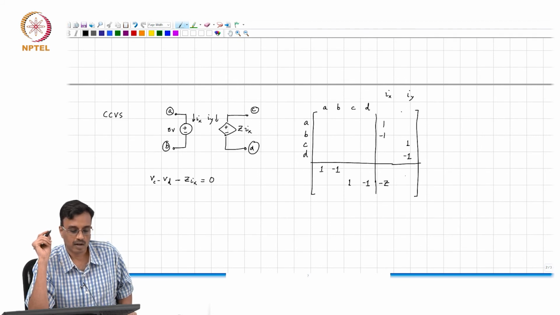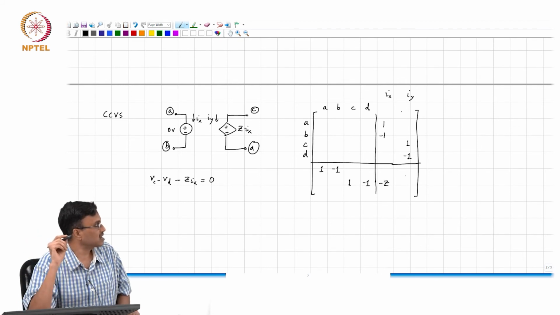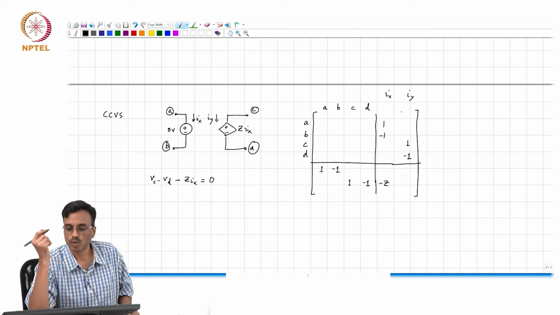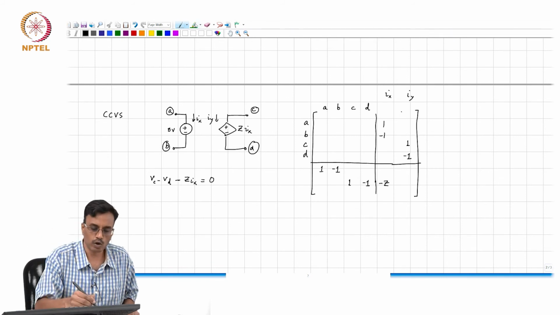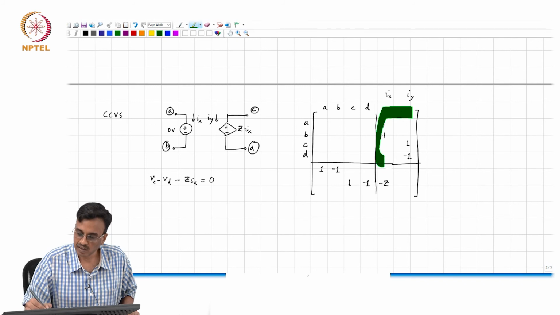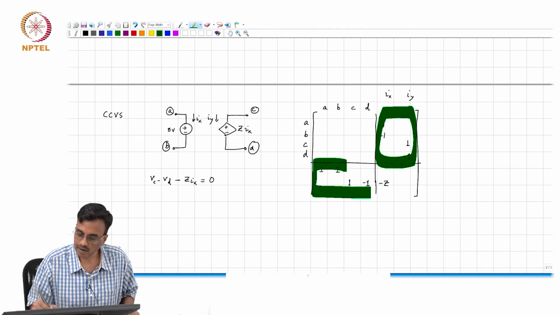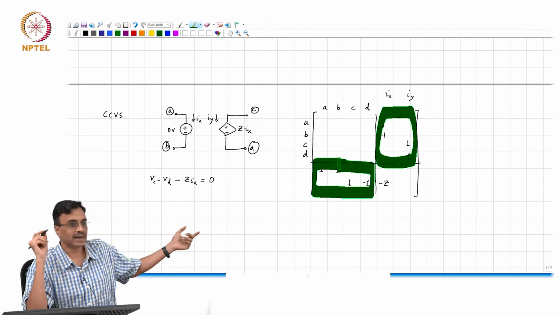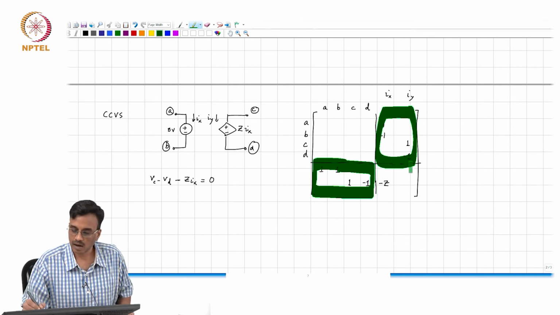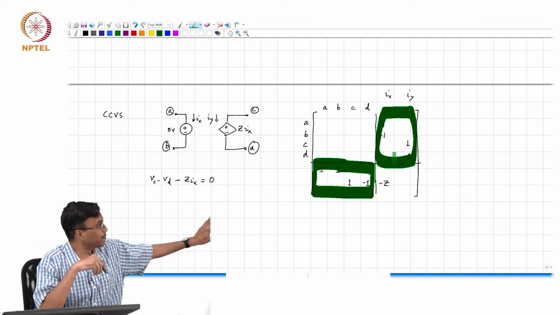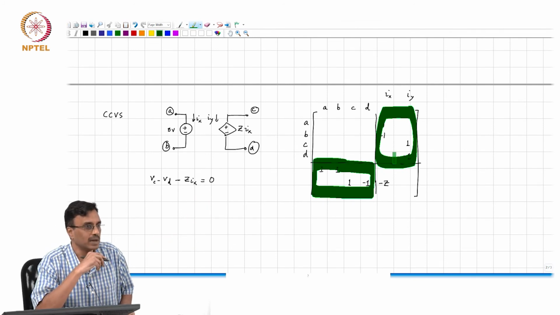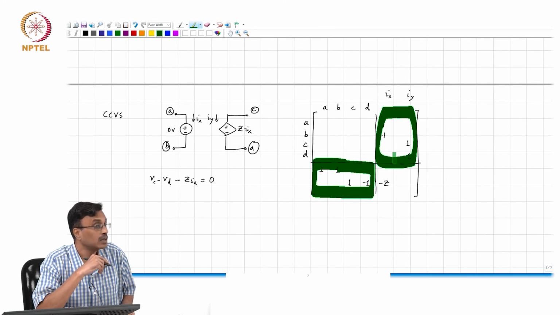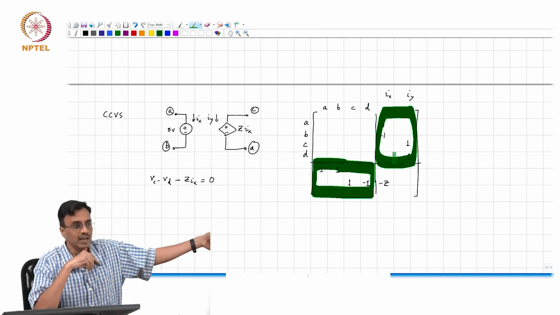Now, if I flip the ports, if I interchange A with C and B with D, what do you think will happen to the MNA stamp of this guy? First of all, what do you notice with respect to this matrix and this matrix? That is simply the transpose. So, if I flip the controlled and controlling ports, what will happen to that last entry minus Z?